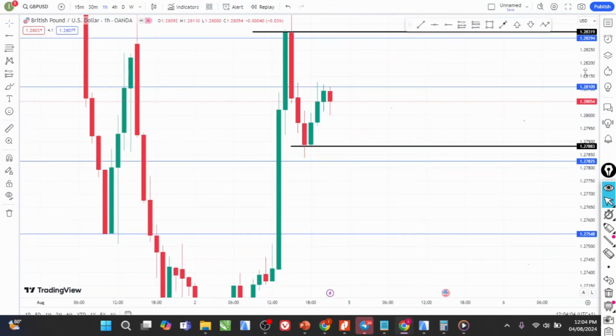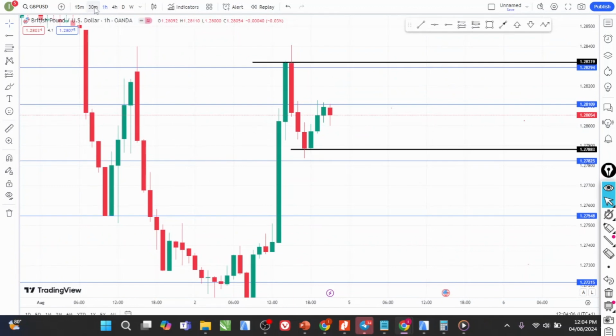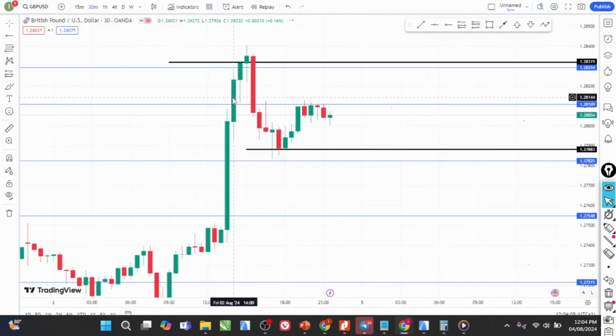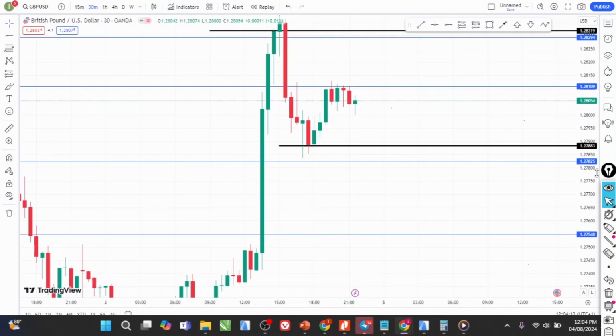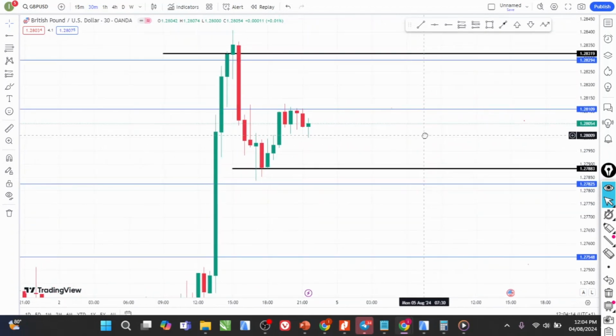So what we need to do now is we scale down to the 30 minutes time frame, because normally I do my execution on the 30 minutes time frame and sometimes on the 15 minutes time frame. So basically after execution, I'll stay on the 15 minutes time frame to manage my trades. Understand? So trade management is based off the 15 minutes time frame.